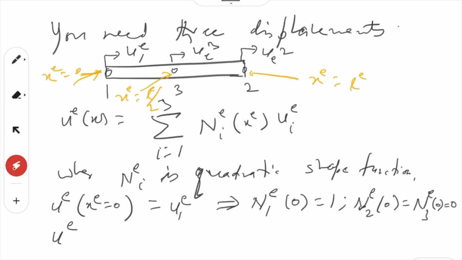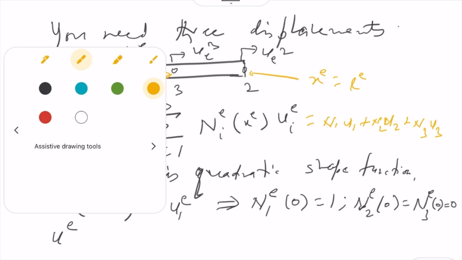Why? Because u e is given by n1 multiplied by u1 plus n2 u2 plus n3 u3, and u equal to u1 only at x equal to 0, so only possible when n1 is 1, n2 is 0, n3 is 0. So, these terms all go 0, this becomes equal to 1, hence this will be equal to u1 only.